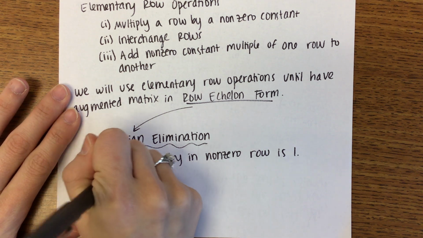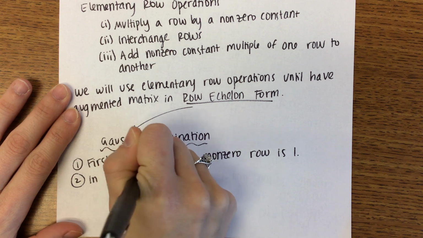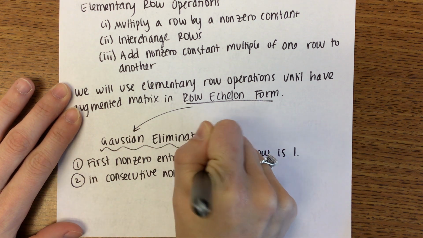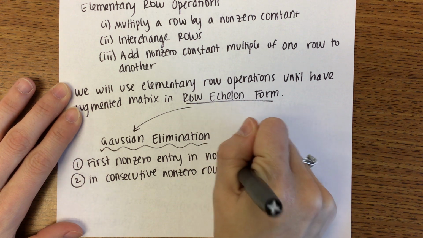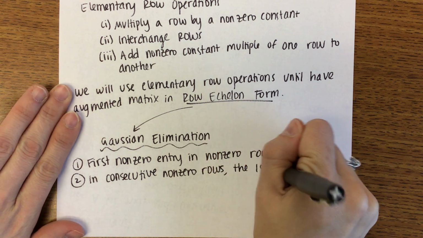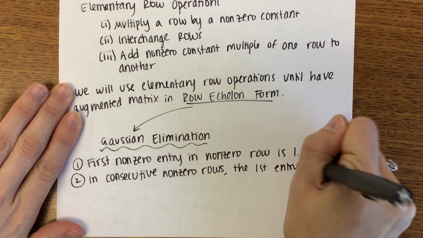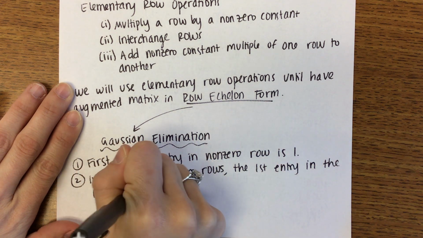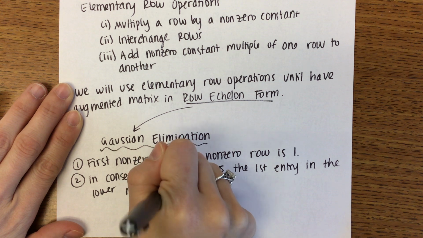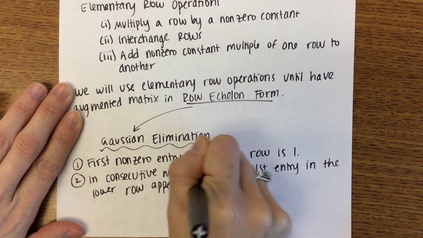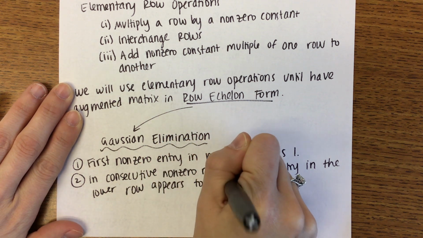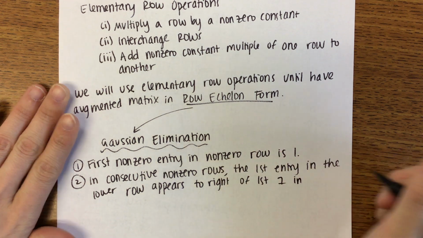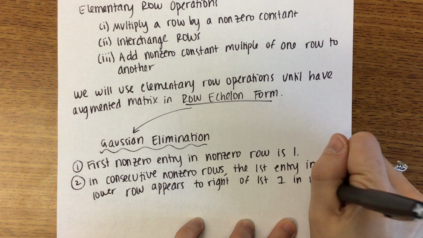Okay. In consecutive non-zero rows, the first entry in the lower row appears to the right of the first one in the higher row.